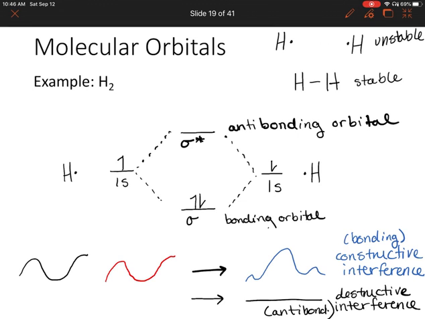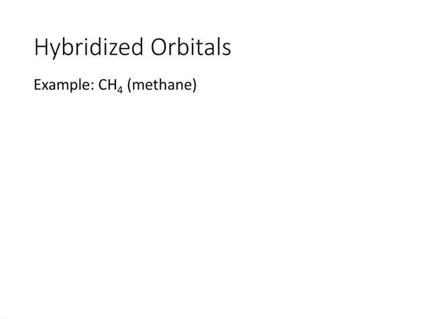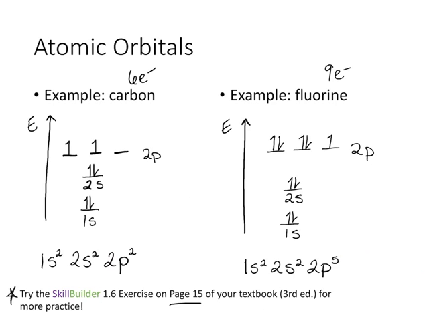Okay. So now we also have hybridized orbitals. And hybridized orbitals are a way to explain how atoms bond, because if we go back to our atomic orbitals and we specifically look at carbon, according to this atomic orbital diagram, there are only 2 unpaired electrons for carbon.